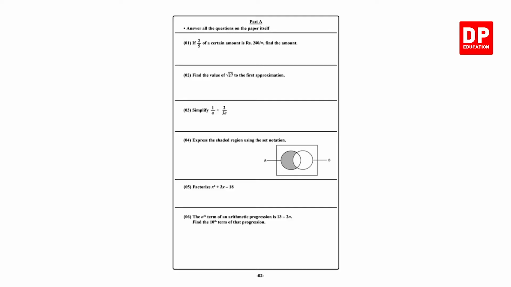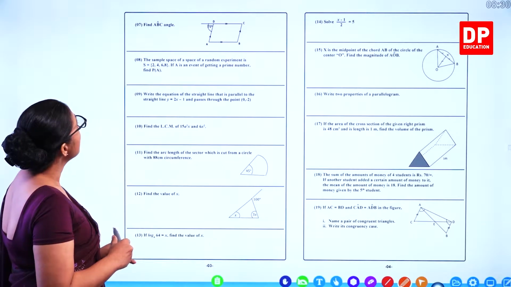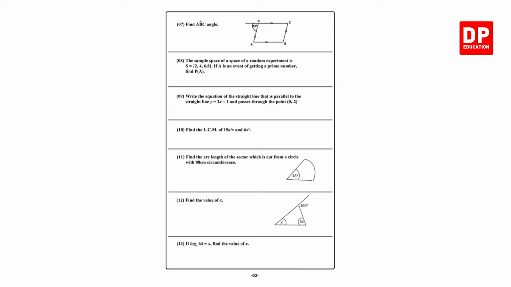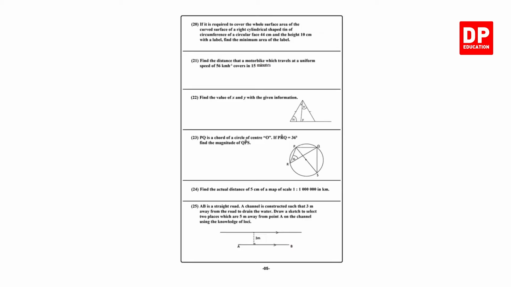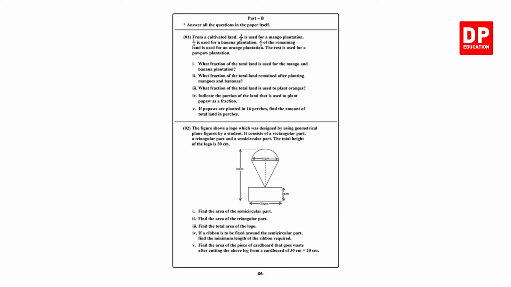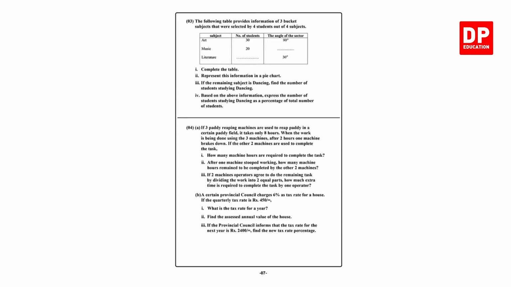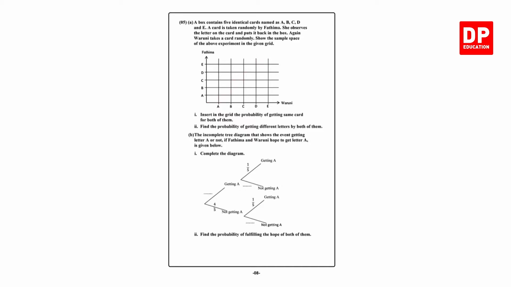So you get 6 questions on page 1, and on the second page you get 7 to 13, and on the third page you get questions 14 to 19, and on the fifth page questions 20 to 25, that's part A. And then you get part B. First you can try 1 and 2, and on the next page you get questions 3 and 4, and on the last page you get question number 5.